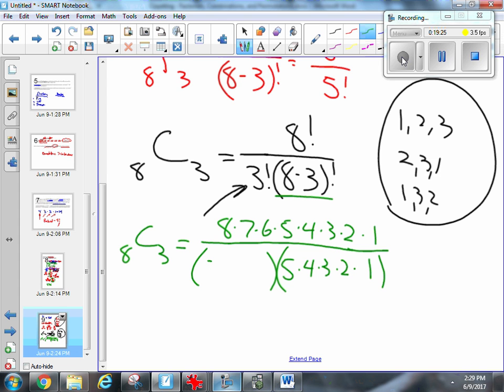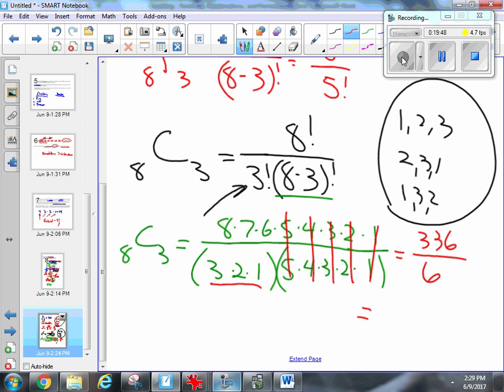So we can cross out the 5s, 4s, 3s, 2s, and 1s. The numerator here was 336, but now I'm dividing it by 3 times 2 times 1. I'm dividing that by 6, and I find out there are 56 different combinations of 8 objects 3 at a time.